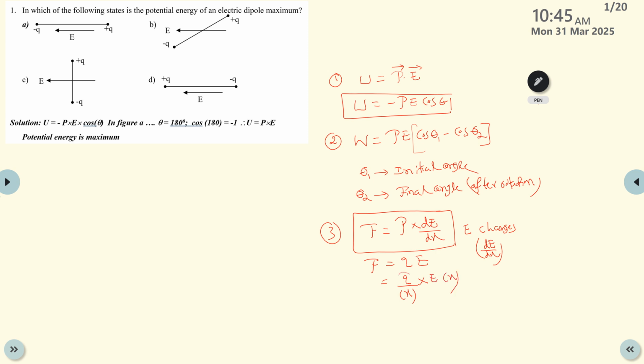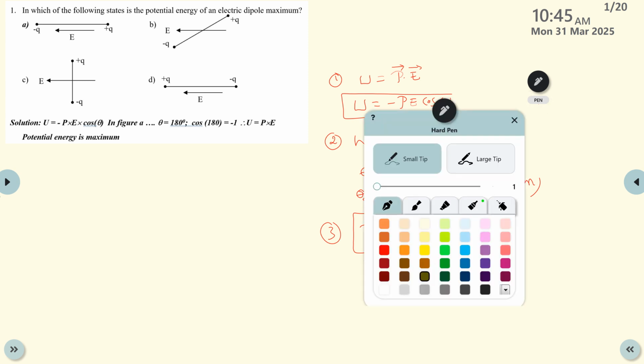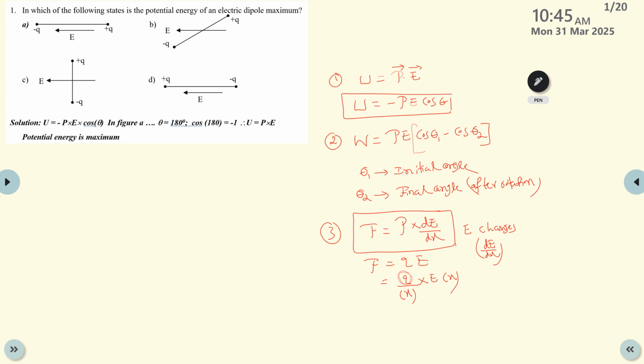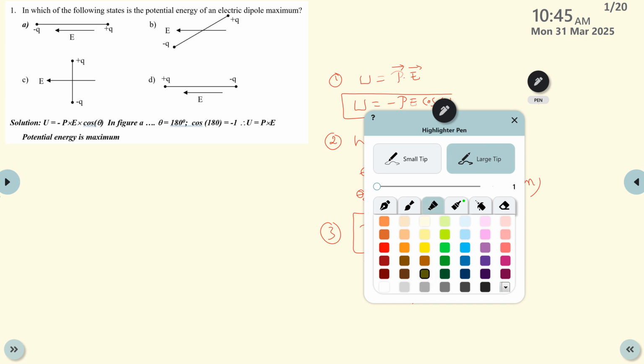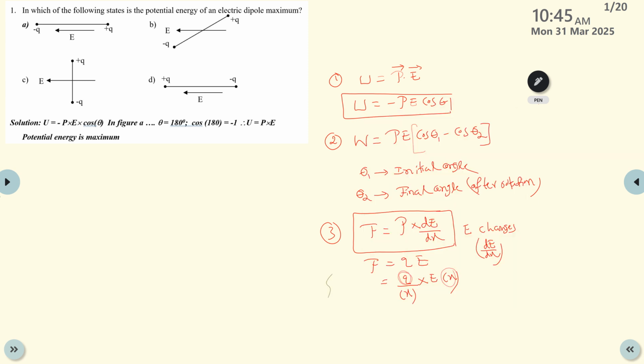You see, this charge multiplied by this distance is nothing but the dipole moment. Then this quantity is nothing but dE divided by dx. This is how the formula arrived.